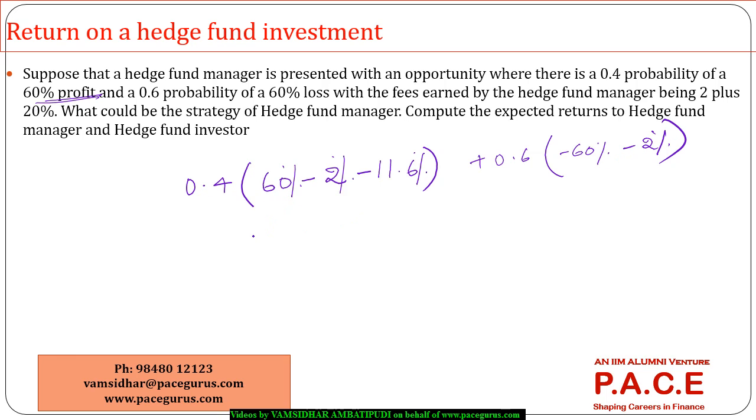So now if you look at 0.4 times 60% minus 11.6%, 60% minus 11.6% is 38.4%.